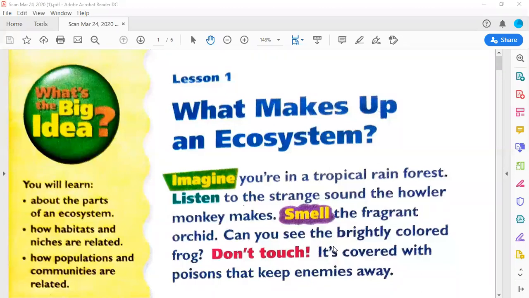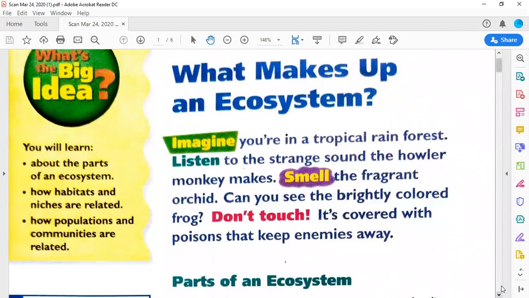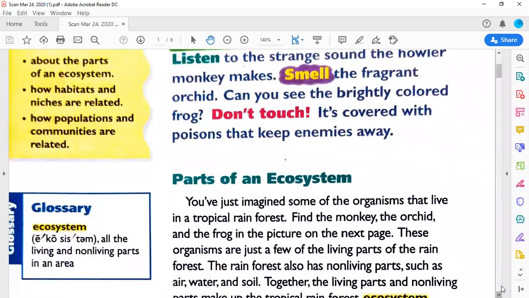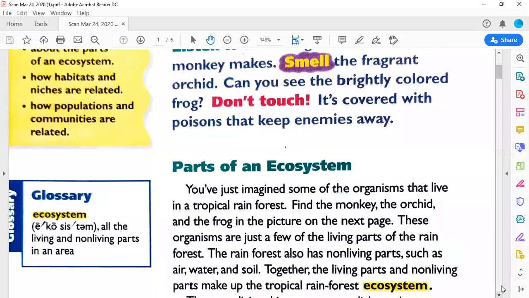Smell the fragrant orchid. Can you see the brightly colored frog? Don't touch. It's covered with poisons that keep enemies away. We were supposed to imagine this, but it's going to be very difficult for me to control if you're really imagining or not. So we're going to skip that part and start studying the parts of an ecosystem.